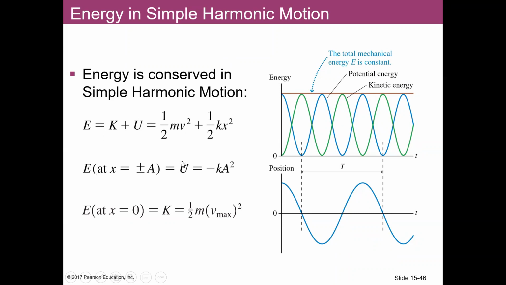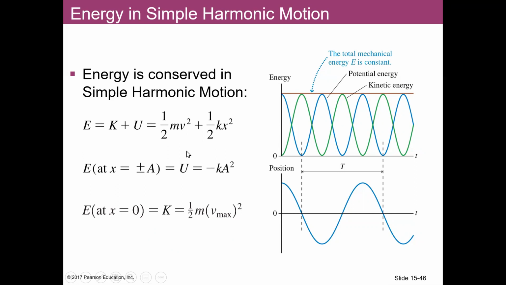It's equal to only potential energy, which is just 1/2 kA squared. And then the energy at the center, at x equals 0, is just equal to the kinetic energy K. The magnitude of the energy there is equal to 1/2 m times v max squared.